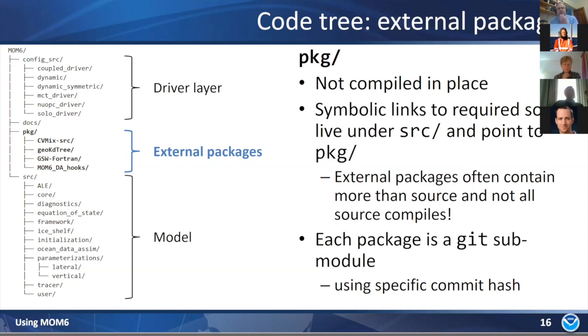But this is where, if you have a package that is going to become part of MOM6 as a sort of library, this is where it would live. They have to be cloned. Generally you would do a recursive clone of your super repository and this would be obtained for you. But if these directories are empty, it means you need to populate them with a submodule update.